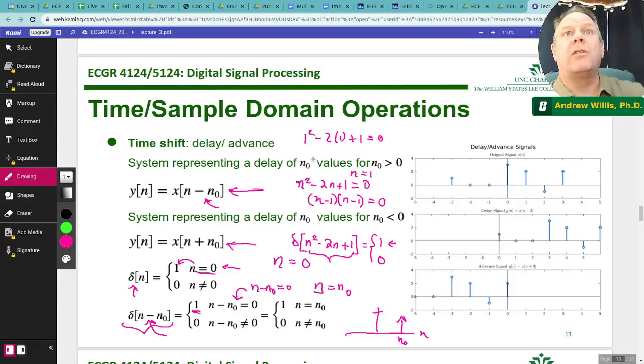Say I were to write this as a delta of n squared minus 1. What would be the values that that function would be equal to 1?